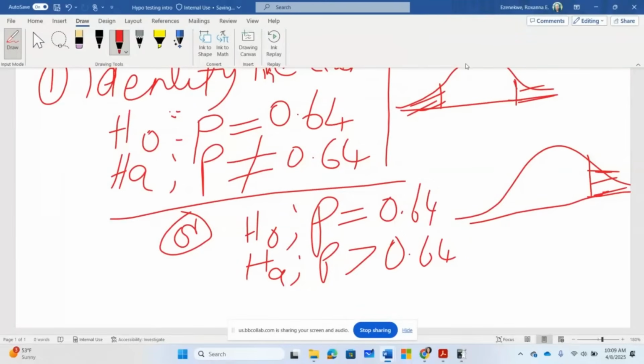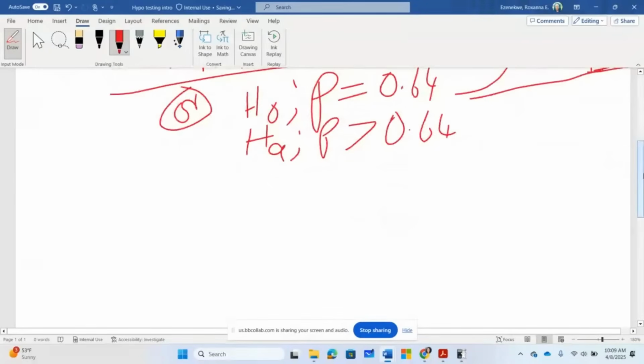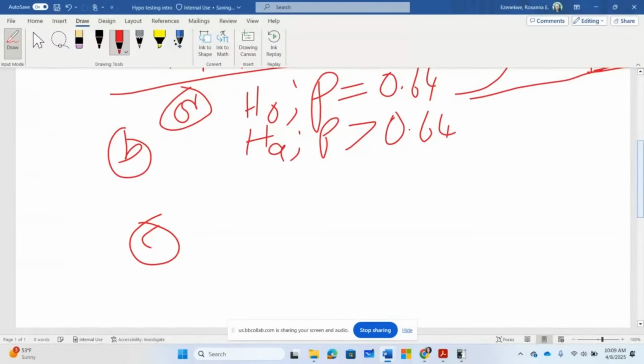Or suppose the claim is less than 64. So let's call this one B, and we call this one C. Suppose somebody made the claim and said the percentage of those who volunteer is less than 64. You write a claim. Either way, you must write a claim.